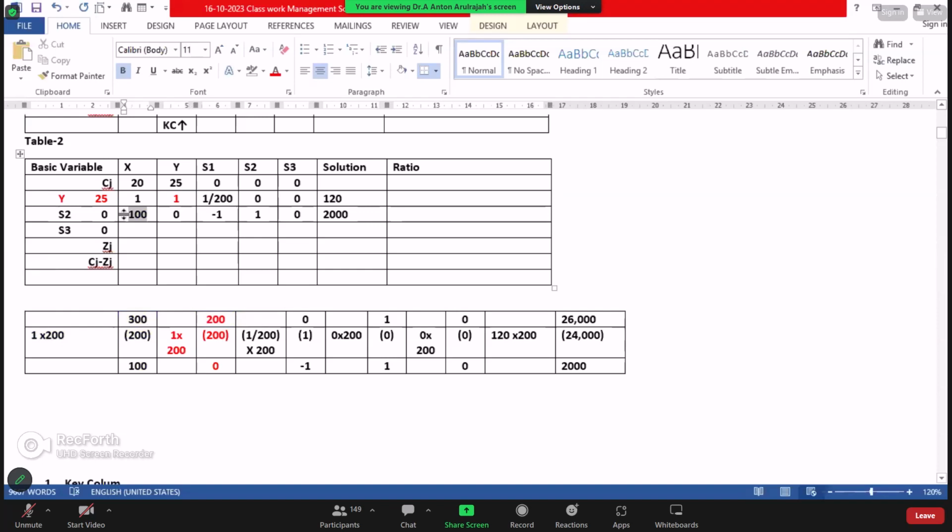We got this 100. This 0 corresponds to this 0. This minus 1 corresponds to this minus 1. This 1 corresponds to this 1. This 0 corresponds to this 0. And 26,000 minus 24,000, that is 2,000, corresponds to this 2.